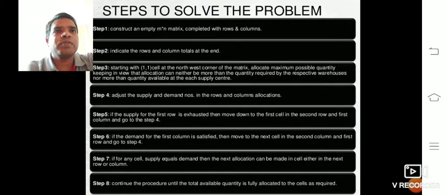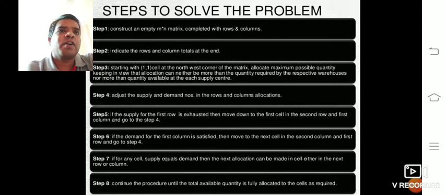These are the steps you need to follow to solve the transportation problem using the northwest corner rule. The first step is to construct an empty m by n matrix with rows and columns. Here m means the rows and n the columns. Step 2, indicate the row and column totals at the end.